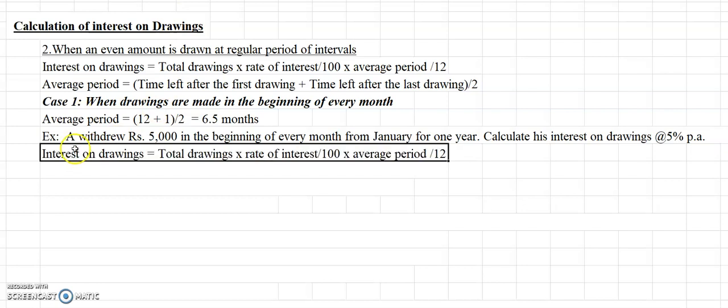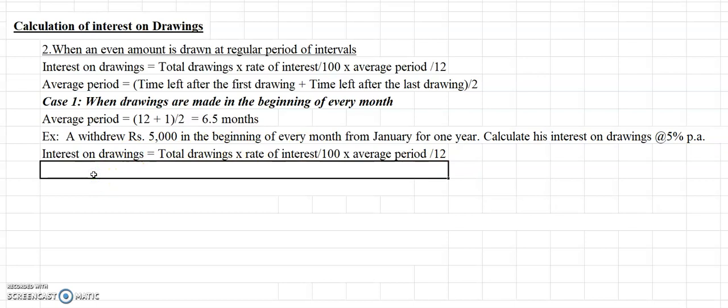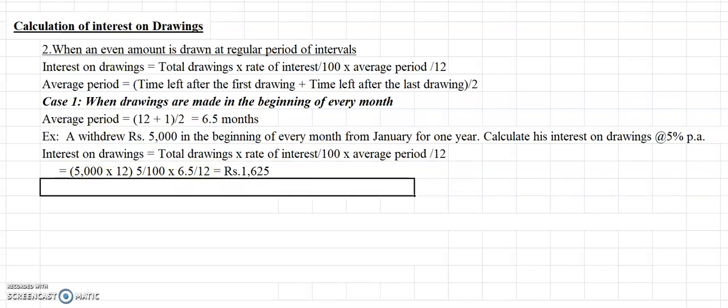Before that we have to write the interest on drawings equation: total drawings into rate of interest by 100 into average period by 12. What is the average period here? We have discussed that 6.5 is the average period if he withdraws a certain amount in the beginning of every month. So we can substitute the equation: 5000 into 12 into 5 by 100 into 6.5 by 12, that is 1625.